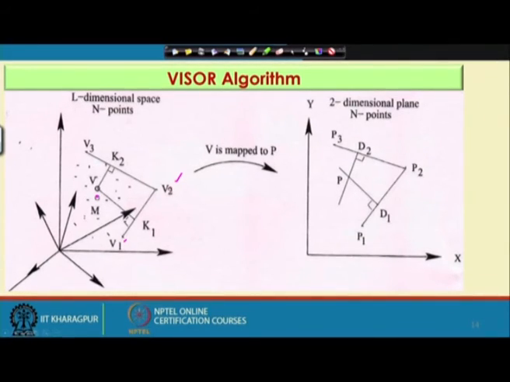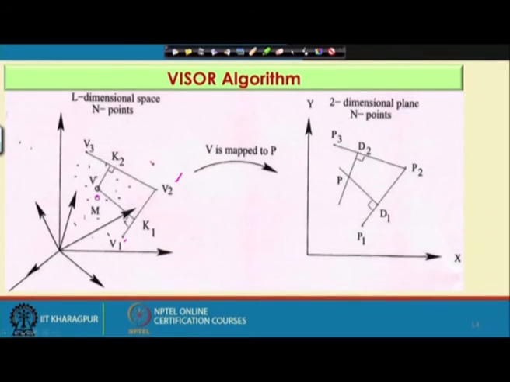Once we have got V 2, we try to find out another pivot point. The third pivot point should have the maximum distance both from V 1 as well as V 2. Out of capital N data points, 2 points we have already selected. Now, we have got the remaining capital N minus 2 data points.